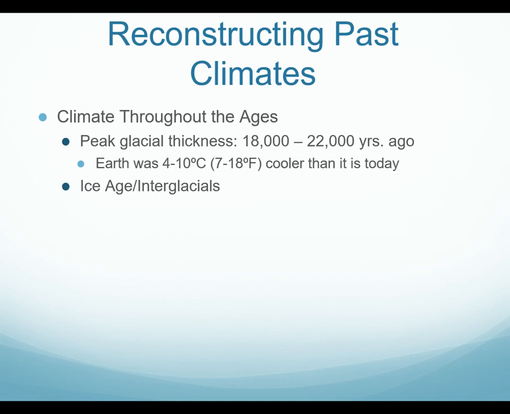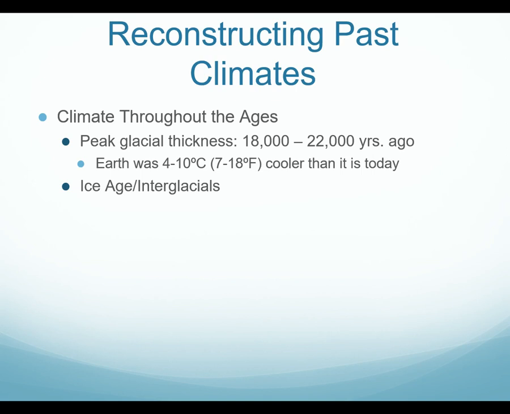So after reconstructing the climate through those methods and many, many other methods as well, we have found out that the most recent ice age actually reached its peak between 18 and 22,000 years ago, where the Earth was actually only 4 to 10 degrees Celsius cooler than it is today. That doesn't seem like much. I mean, we can go through that temperature change in a day.